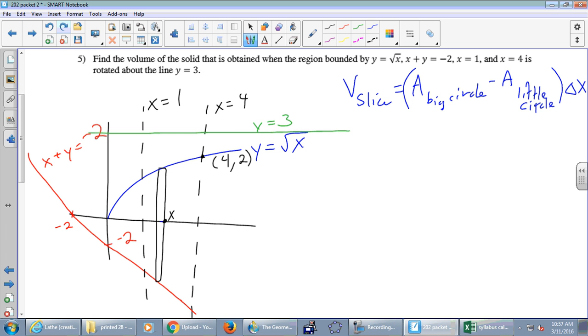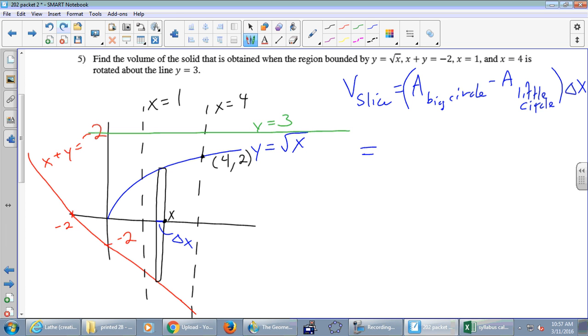Maybe I can label it this way. That piece right there is delta X. And that's the volume of a cylinder. It's the area of a circle times the height. That's it. But it happens that we've got two circles that we have to subtract. Okay, so area big minus area of little.